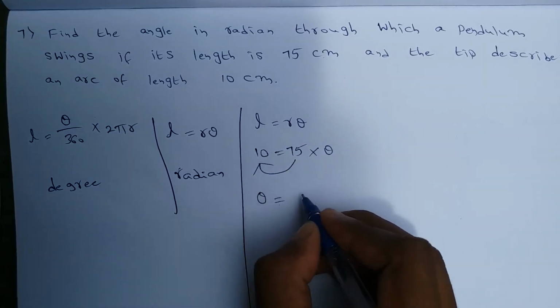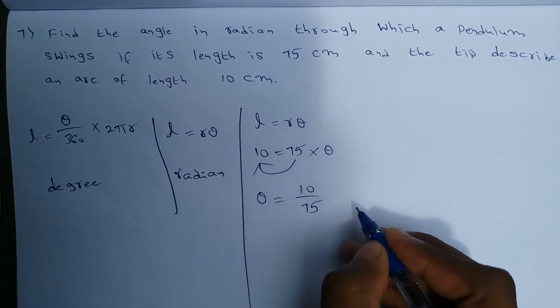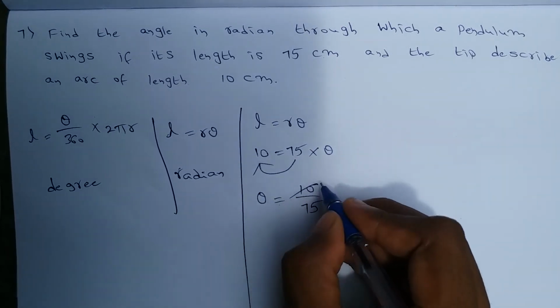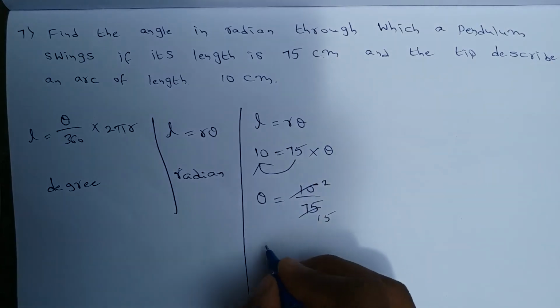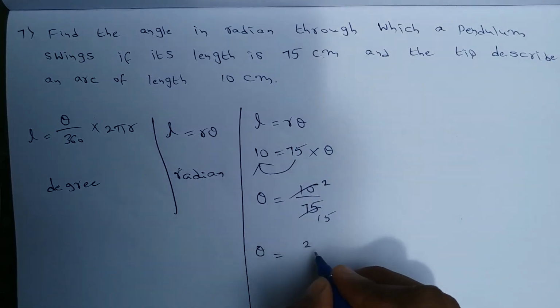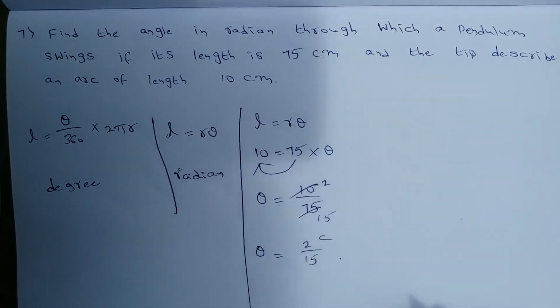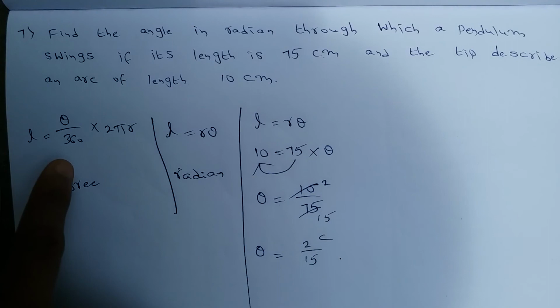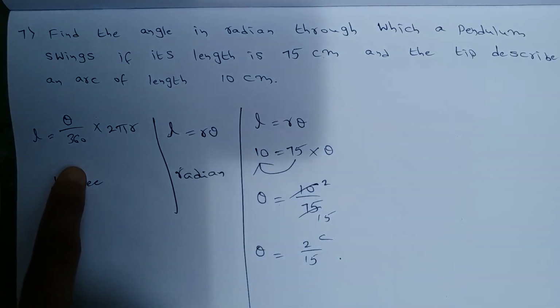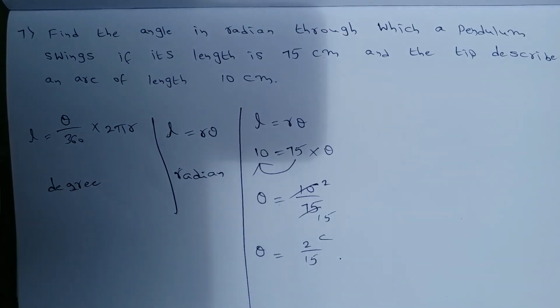So we get theta is equal to 10 by 75. 5 2s are 10, 5 15s are 75. So the angle is equal to 2 by 15 radians. If you substitute the same values in the first formula, you will also get the value, but the value will be in degrees. Again, you need to convert the degrees to radians.